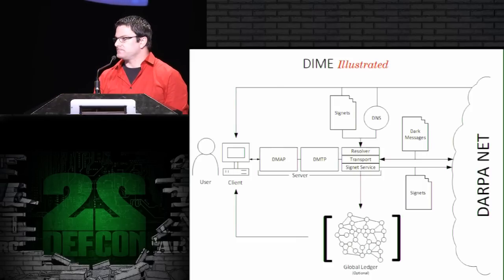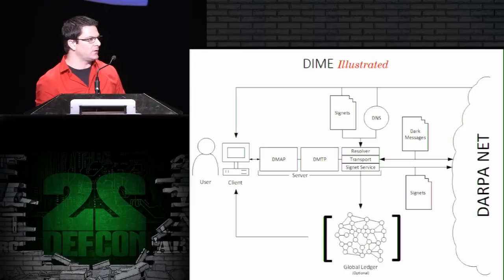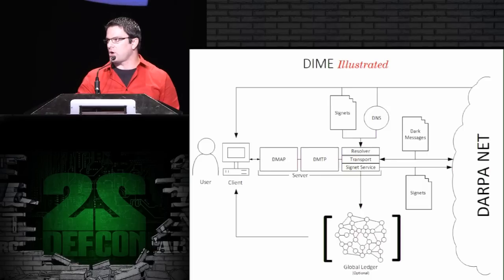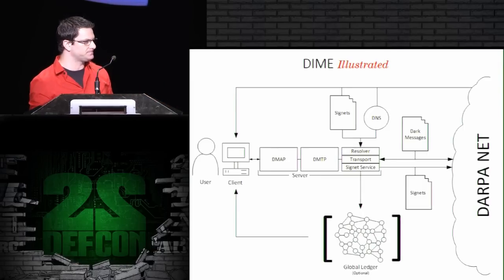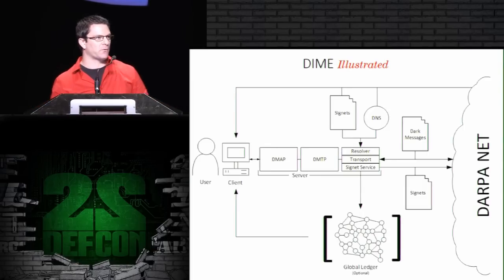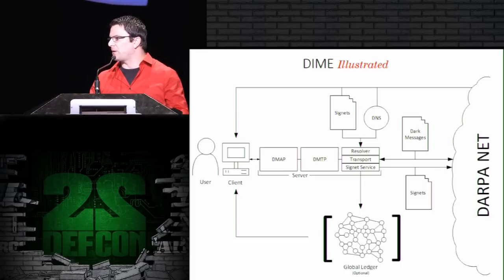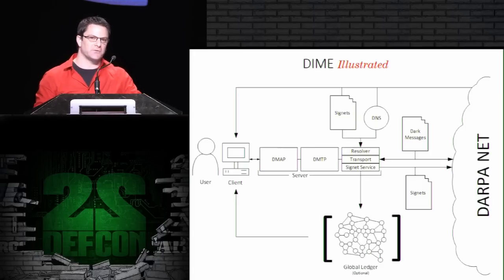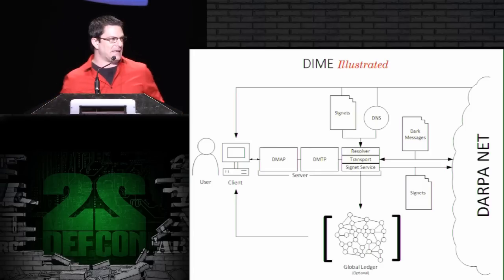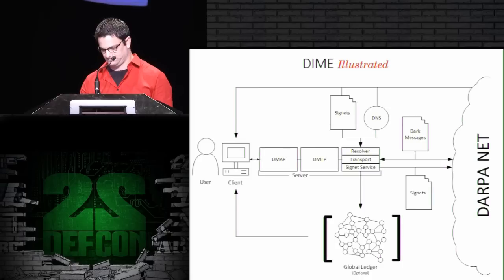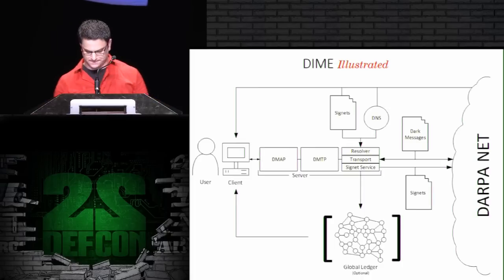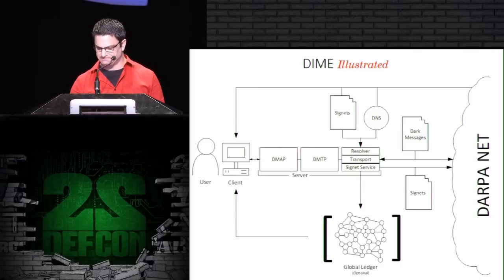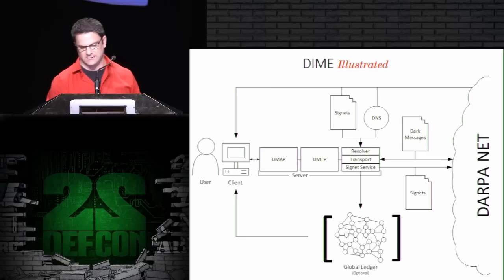The formats. We have a Signet, which is a signing and encryption key along with a collection of attributes and a signature. Very much like what we're familiar with when it comes to a PGP public key or an X509 certificate. Of course, it's neither of those, so don't call them either of those, call them a Signet. Like a Signet ring. We've got the dark message format, which is MIME-like, as we'll get to later.